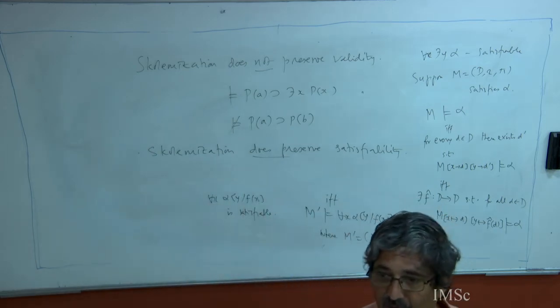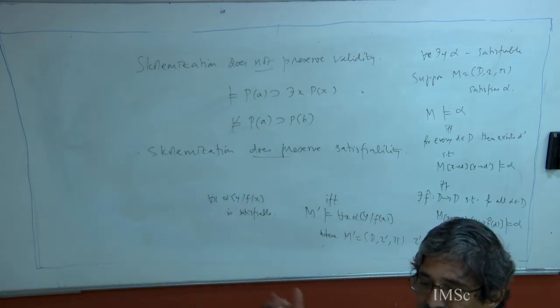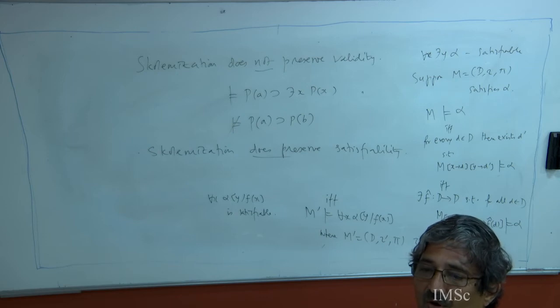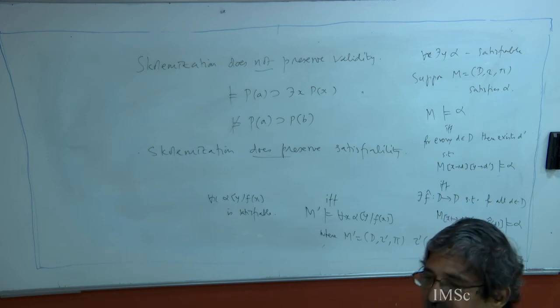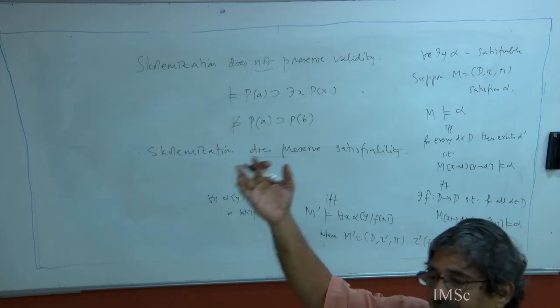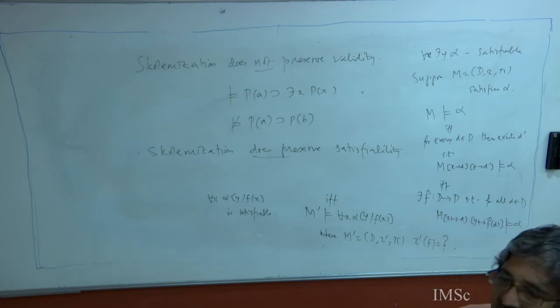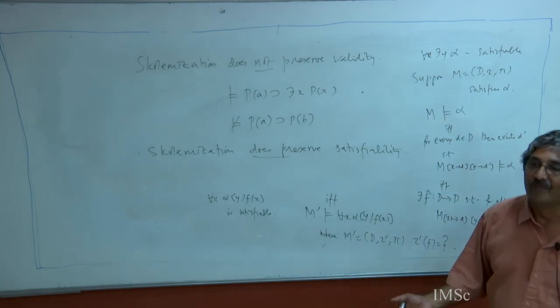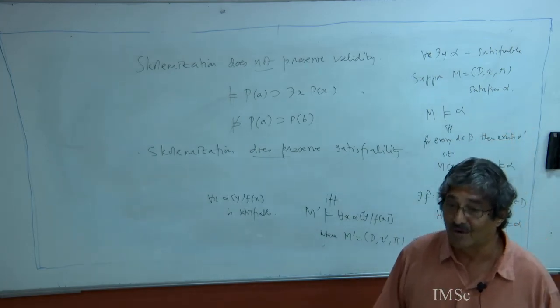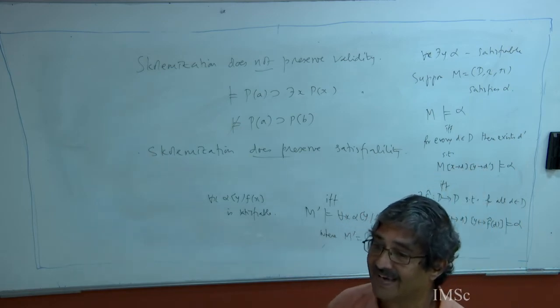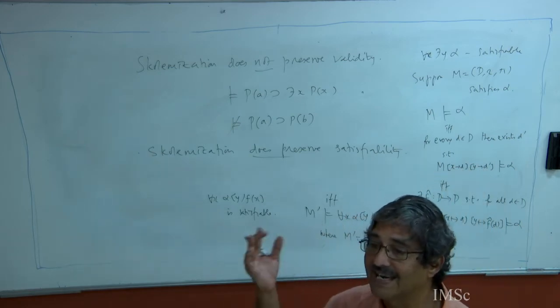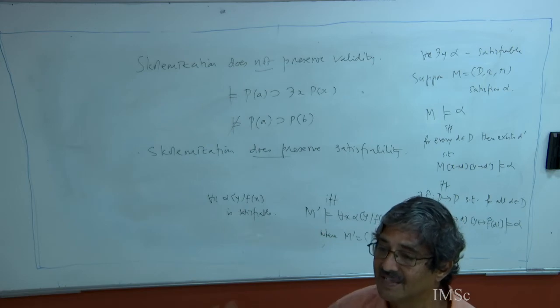So the point is, you start with a formula, skolemize, and you get it in clausal form. To check for satisfiability of the original formula, it suffices to check for satisfiability of the formula in clausal form. Now the clausal form formula is in CNF, right? So you can use exactly the original decision procedures that you were using.